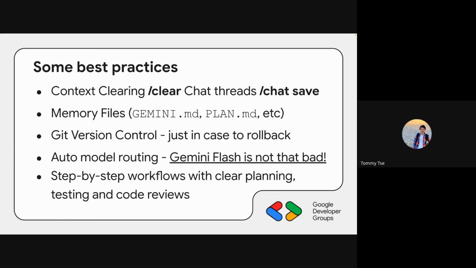I want to say that often when I meet customers, they keep saying, okay, I have to use the Pro model because that's the best for reasoning, and it does great stuff in coding. I'm not going to use Flash. But I can tell you what, if you've been doing the context engineering up front with all this plan artifact, the markdown files, actually Gemini Flash is not that bad.